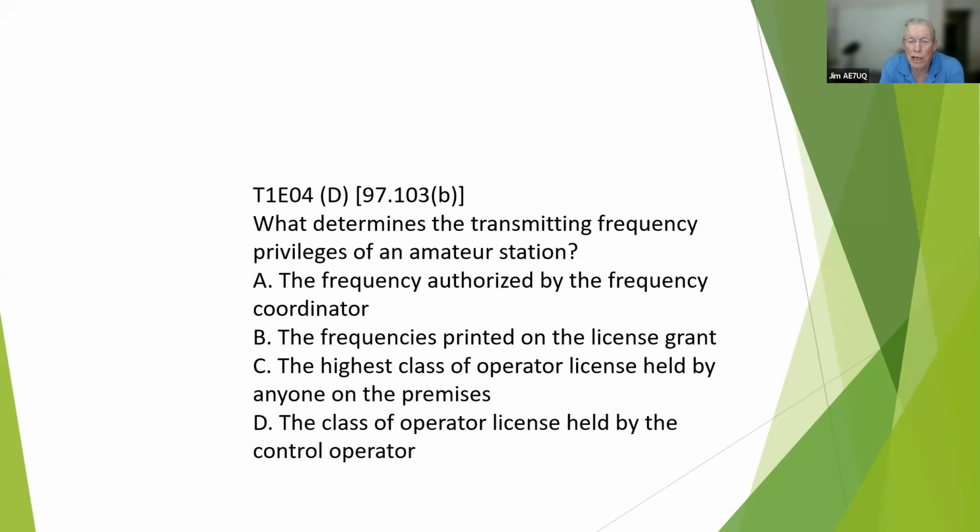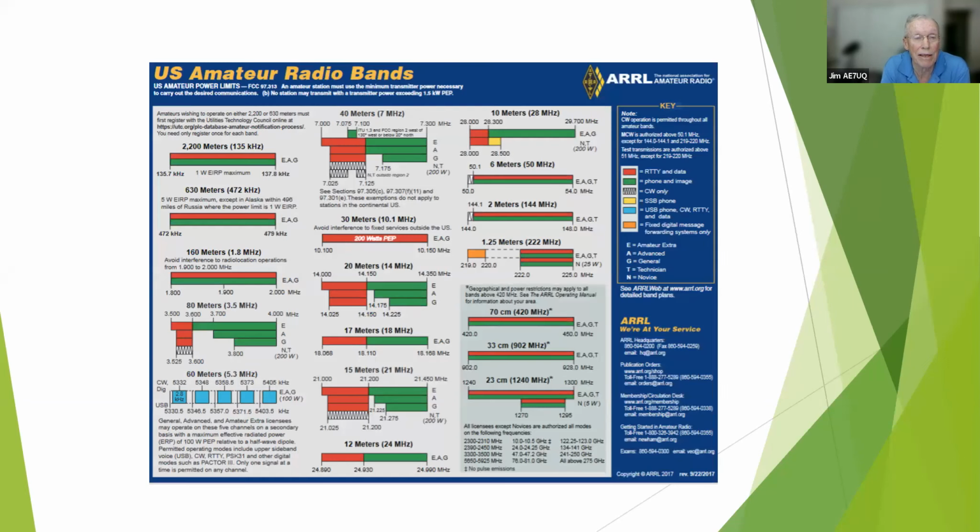What determines the transmitting frequency privilege of an amateur station? License class held by the operator. You recall last week we showed you this radio frequency chart.